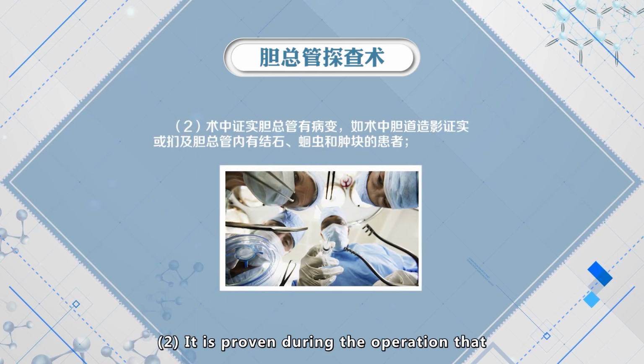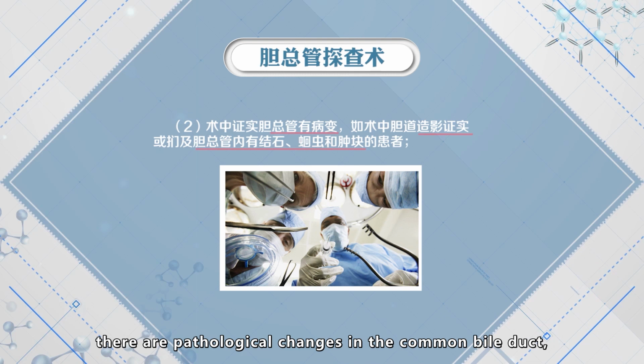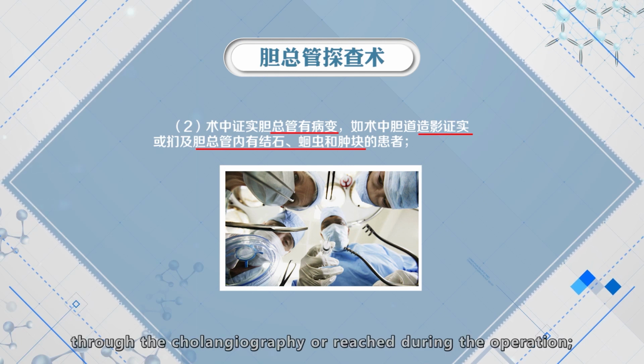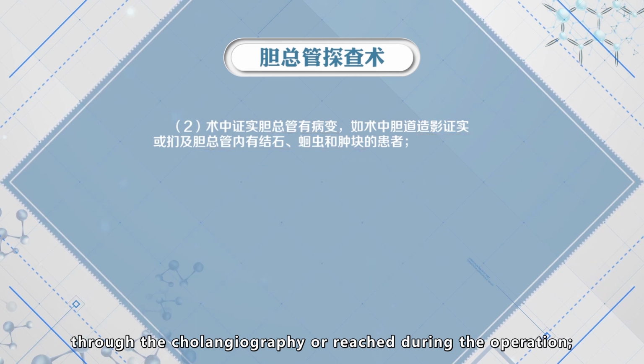It is proven during the operation that there are pathological changes in the common bile duct, or calculi, roundworms or lumps are proven through the cholangiography or reached during the operation.